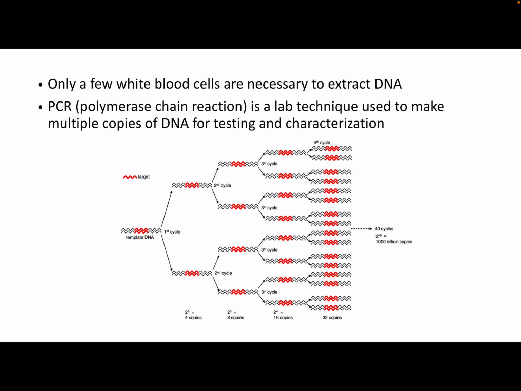So this is a machine that they put it into, and the machine, they actually add in different bases and other things, and it will take the one strand of DNA and then it will make 2 copies of that DNA. Then those 2 copies can be made into 4 copies. Those 4 copies can be made into 8, and it will continue this until it has thousands and millions of copies of that sample of DNA.